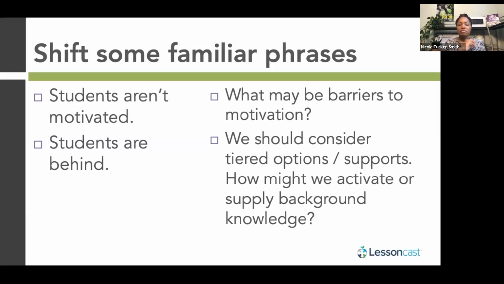Instead of fixating on these students are behind, that's the number one thing I heard coming out of the COVID pandemic, especially. Students are so far behind. Okay, and maybe we should consider tiered options and supports. Maybe we can think about how we might activate or supply background knowledge. But that shift actually gives us more agency as the designer of the learning environment.